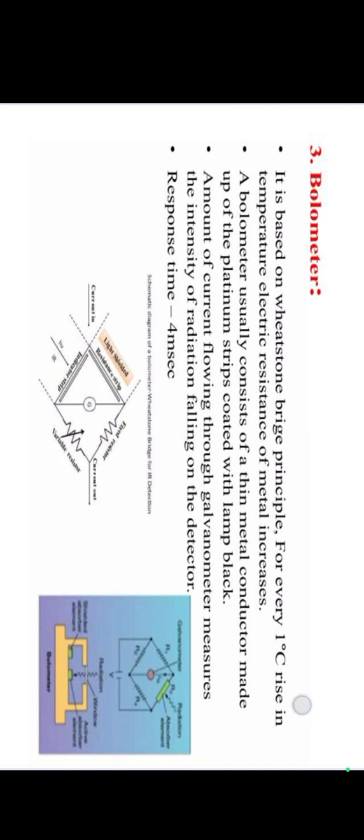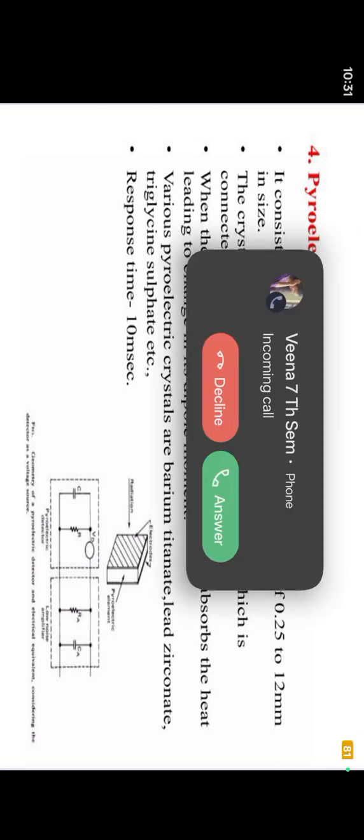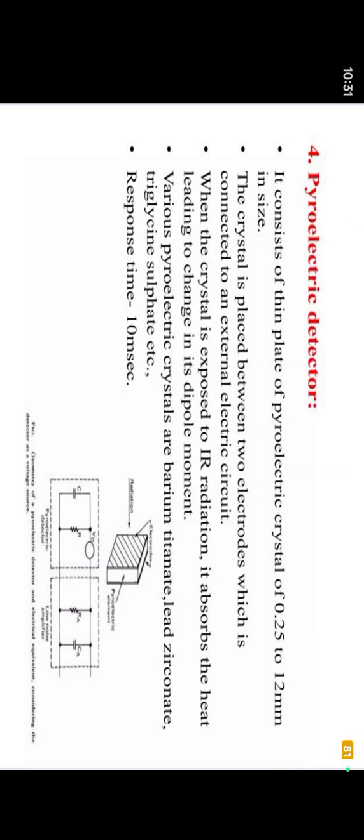The fourth one is the pyroelectric detector. It consists of a thin plate of pyroelectric crystal, 0.25 to 12 mm in size. The crystal is placed between two electrodes, which are connected to an external electric circuit.